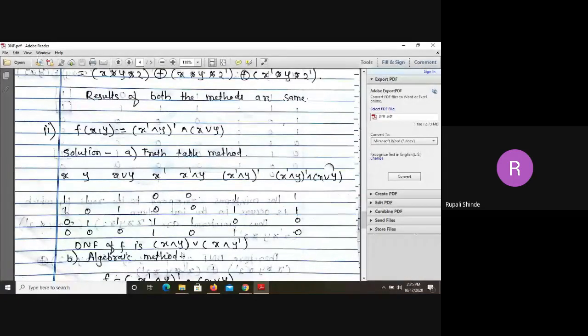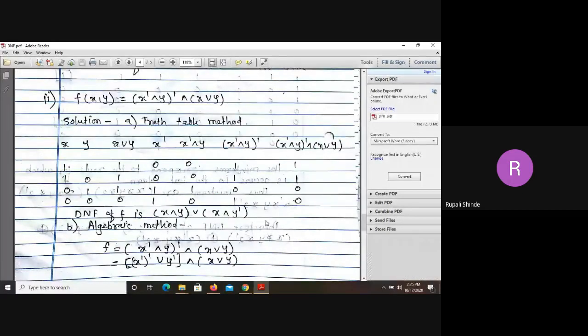Now for the second one, the values of x and y are 1 and 0, so again x and y's complement. Why have we written y's complement here? Because the corresponding value for y is 0. So this is the DNF for this given expression, or we can say this is the sum of products form for the given expression using a truth table.